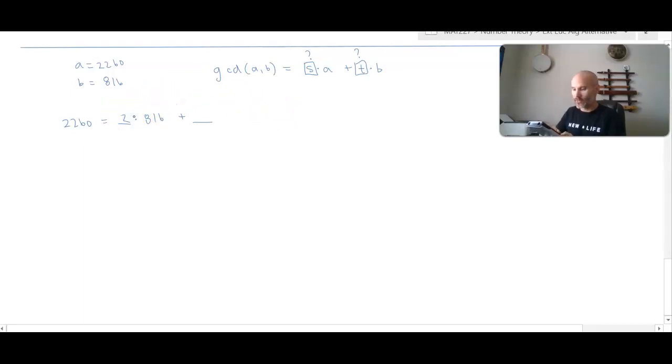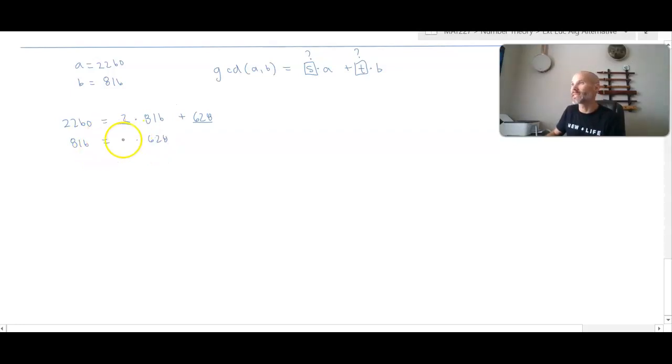And then 2260 minus 2 times 816 is going to give us the remainder, which is 628. Now we carry down the 816 and the 628. And now we need to repeat the process.